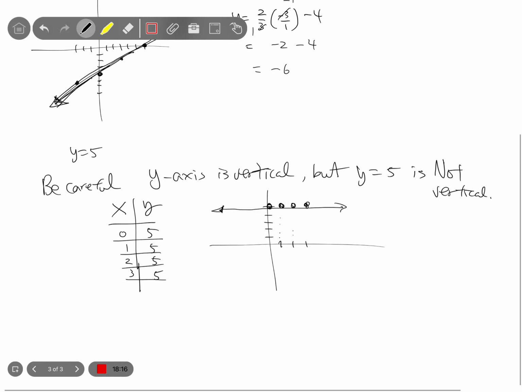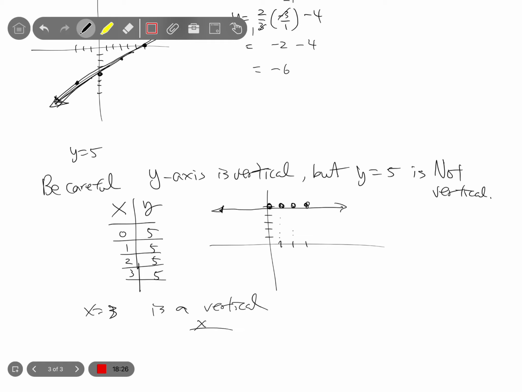Okay, same reasoning. x equals 3 is a vertical line because when you make a table, x is always 3. And it doesn't matter what value you pick for y, it's not going to change the equation. So you could do 0, 1, 2.